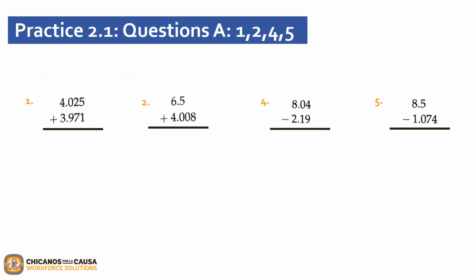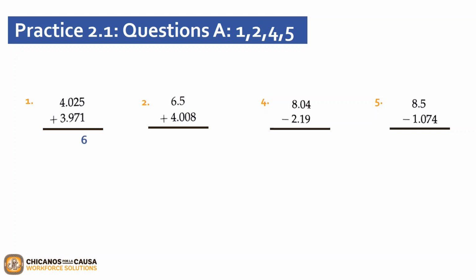Okay, let's go ahead and work through these problems together. We are going to start with problem 1. 4.025 plus 3.971. Like before, we're going to go ahead and start at the column to the most right. This is going to be 5 plus 1.